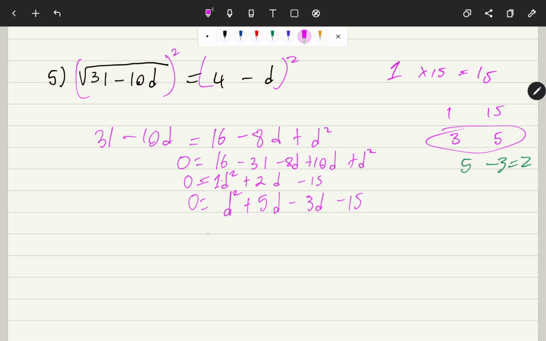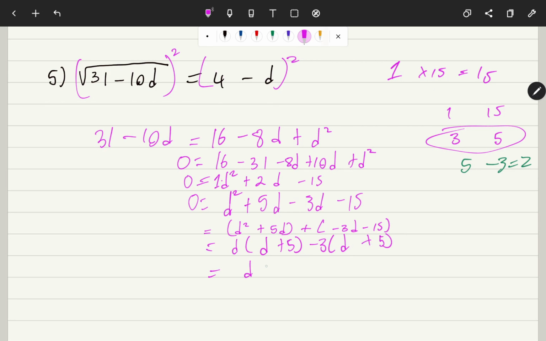So now you're grouping them. d squared plus 5d, plus minus 3d minus 15. Taking out common factors, which is d, and d plus 5. This side is minus 3, and d plus 5.